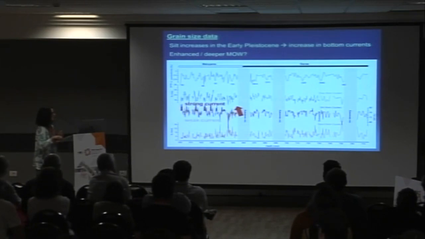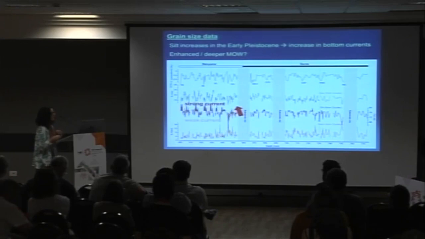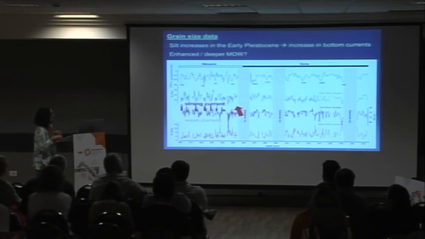So we think the Mediterranean overflow water got intensified, or as I said before, maybe it got deeper, the MO. So in this site, 1391, we are seeing here the changes between glacial and interglacials. But here we don't really see changes between glacials and interglacials.